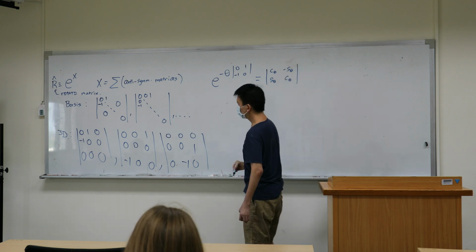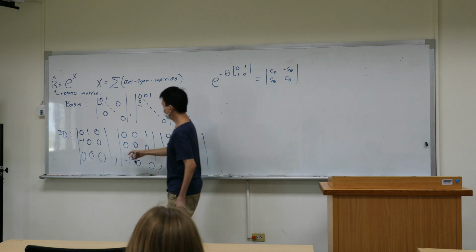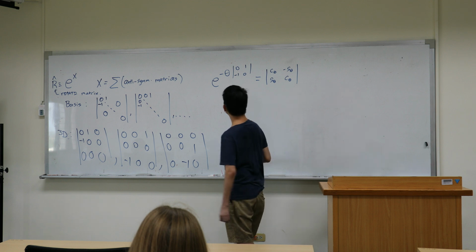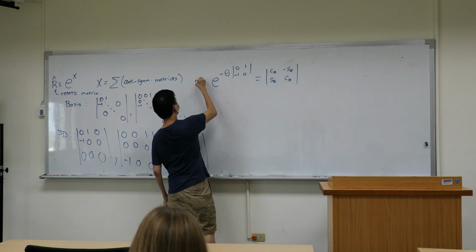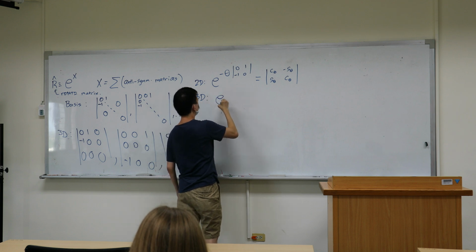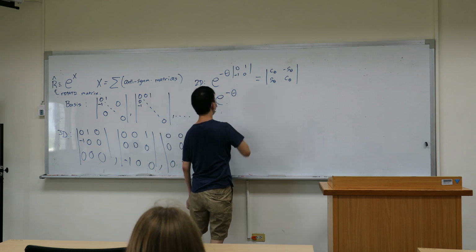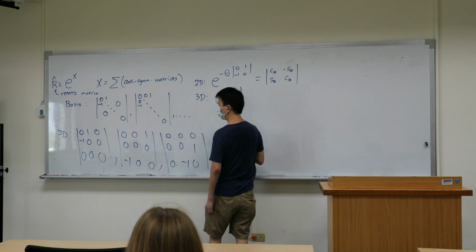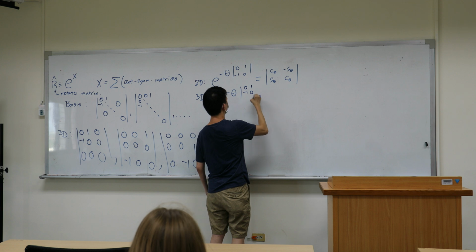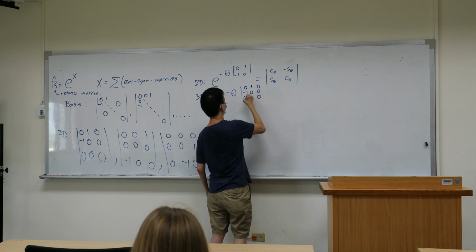And so you can guess what's going to happen to these three as well. Let me write it down. So this is 2D, and this is 3D. You can write down the exponential of minus theta of 0, 1, -1, 0, 0, 0, 0, 0, 0.